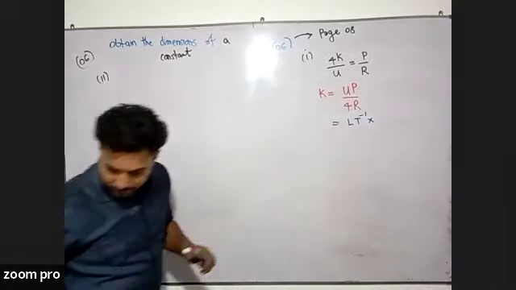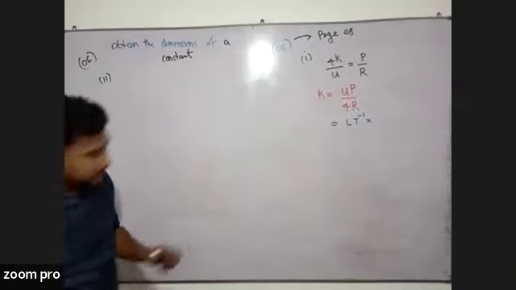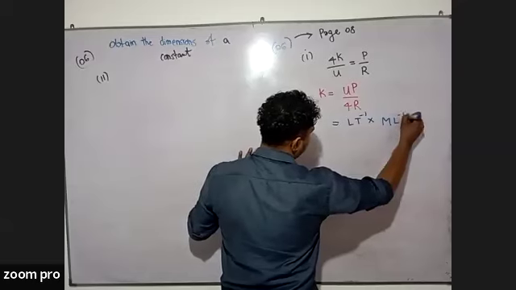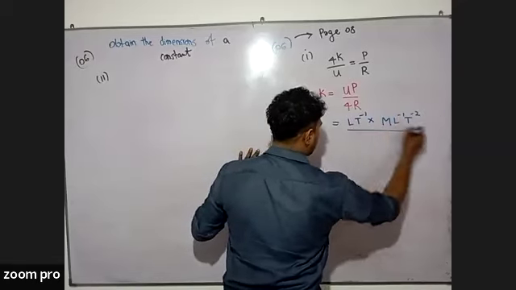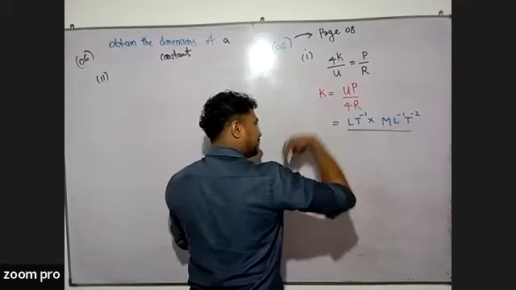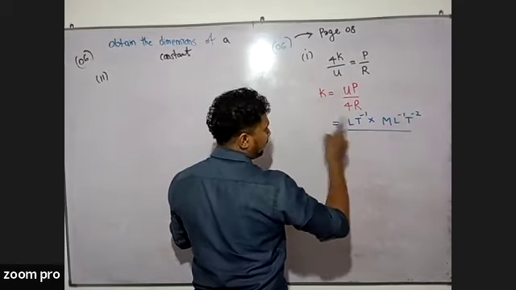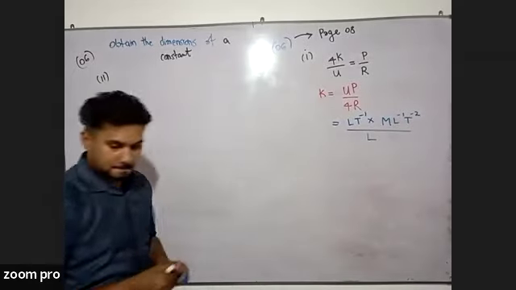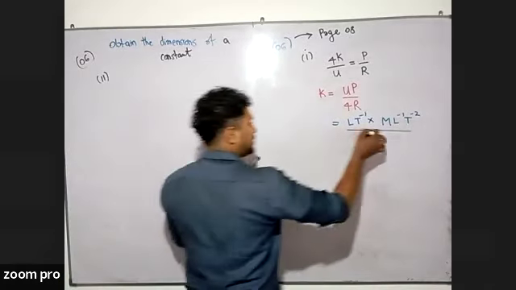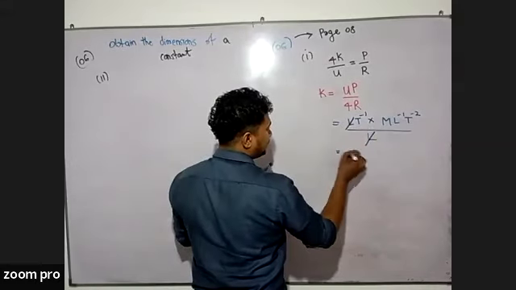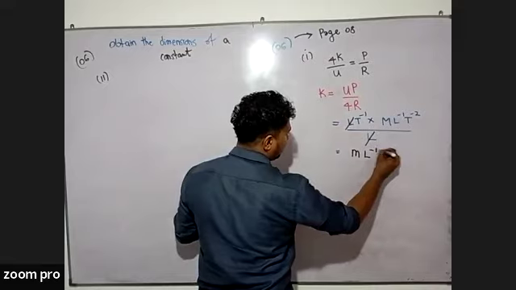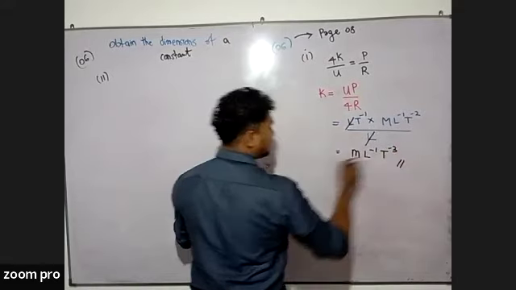P represents the pressure, that means ML minus 1 T minus 2. Those are the dimensions of pressure. Just neglect the 4, then divide by R, which means radius. So you can cancel this L, and the answer should be ML minus 1 T minus 3.